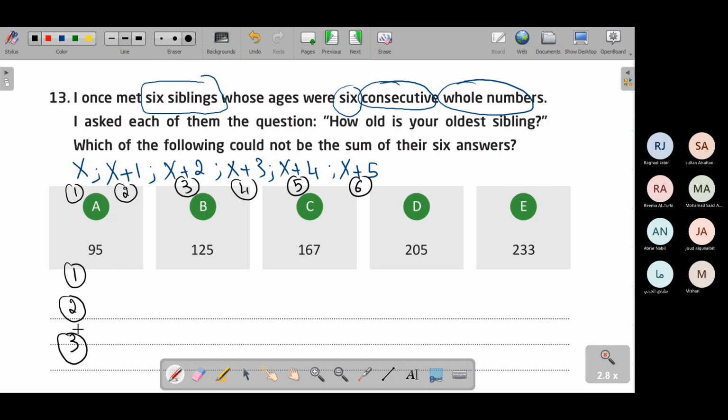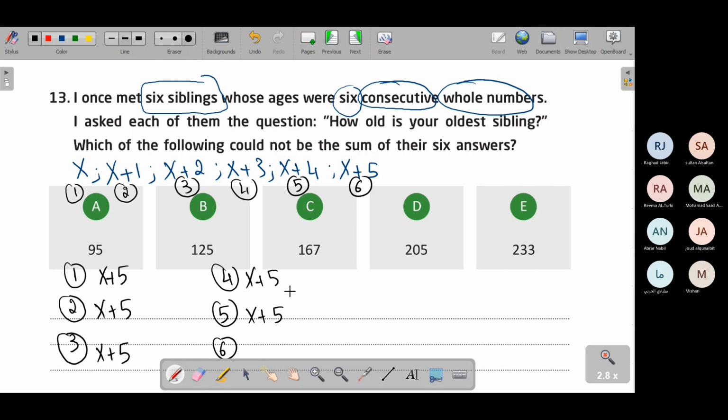The third one, number 4, number 5, they all have the same answer, except the last one. The first one will say my brother number 6 is the oldest, so it's X plus 5. They're all gonna say X plus 5 is the oldest, except the last one's gonna say 5 is the oldest. So X plus 5, X plus 5.